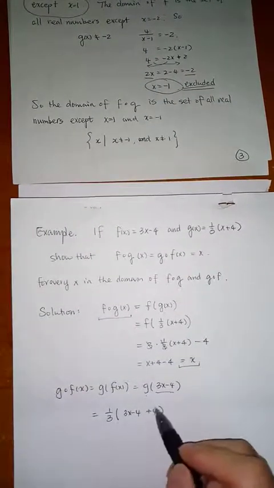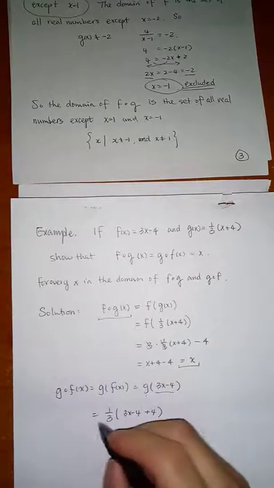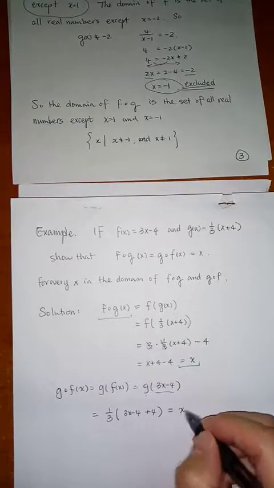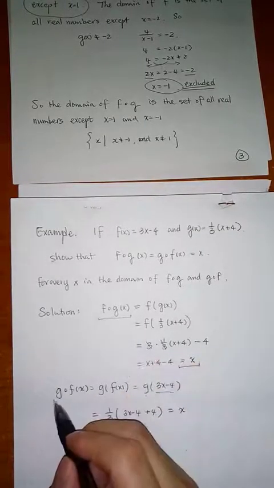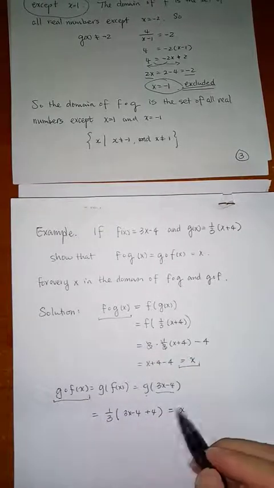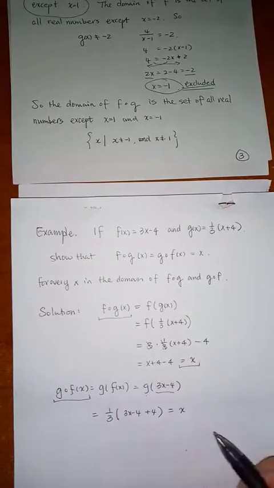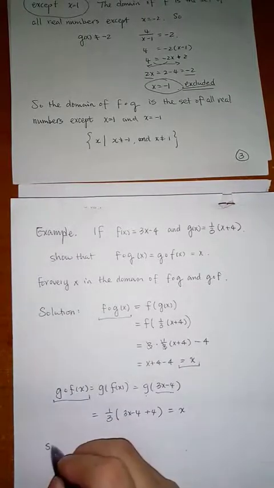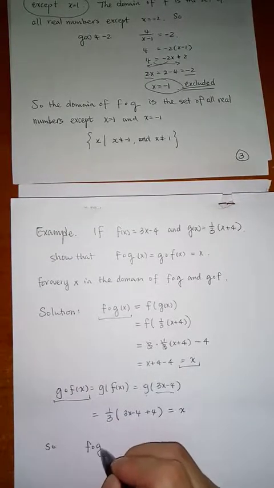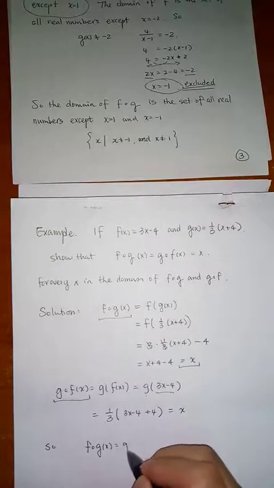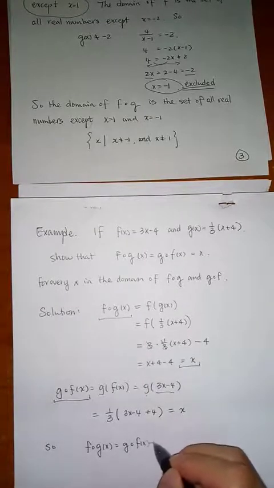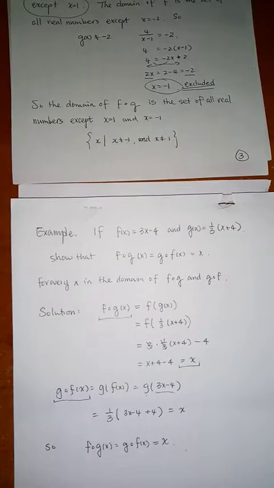Minus 4 plus 4, they cancel. So you get 3x, and 3x times 1/3 is x. So what did you do? You computed, and you get g composed with f of x is x. Now you can claim it, or write it down in one long equation. You can never assume the equality at the beginning. That's wrong.